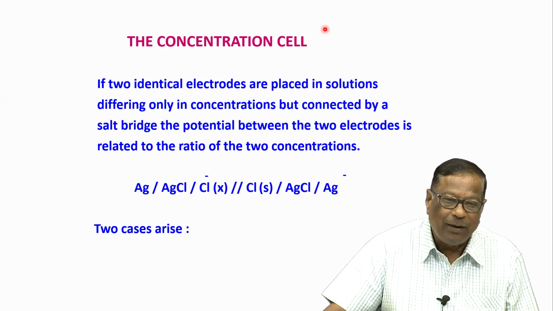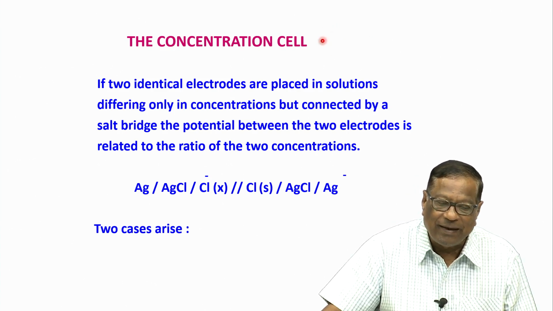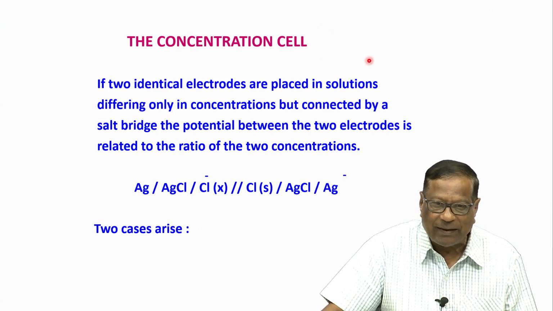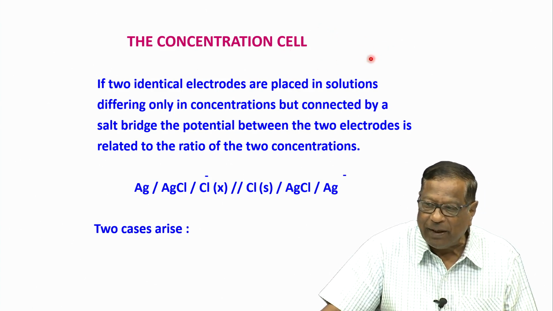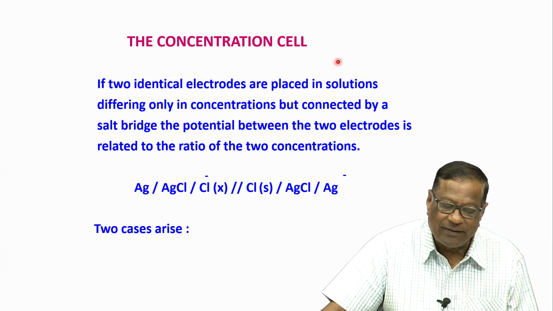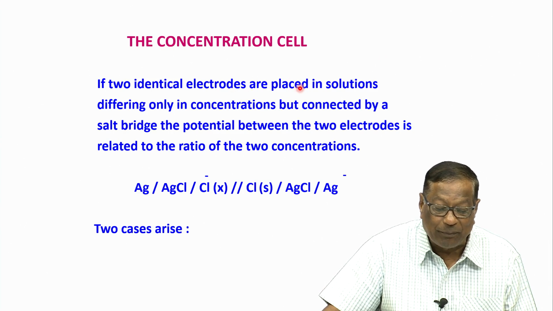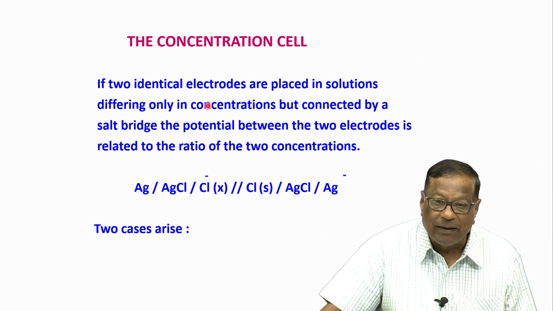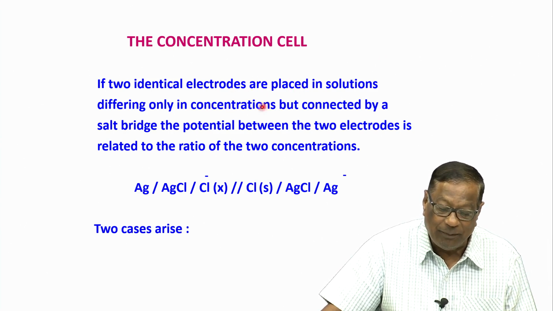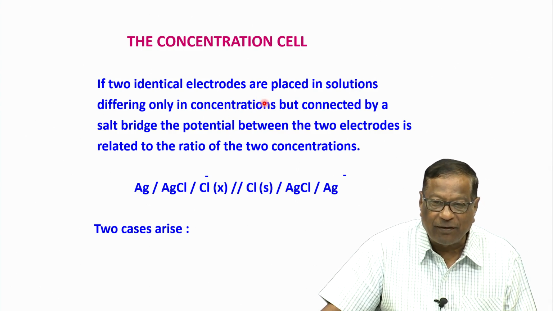So, now we will talk about concentration cell. What is a concentration cell? Very important concept. Imagine I have two electrodes placed in the same kind of solution, but differing in concentration.